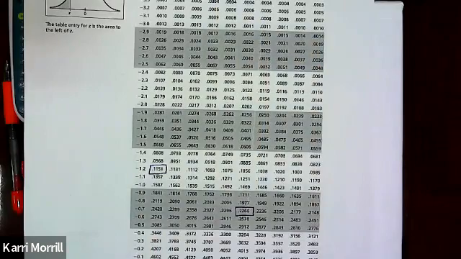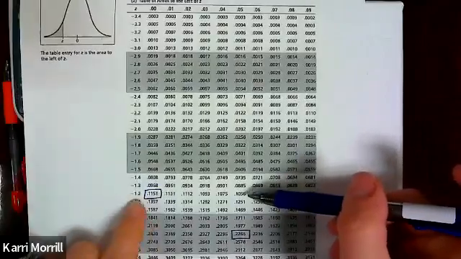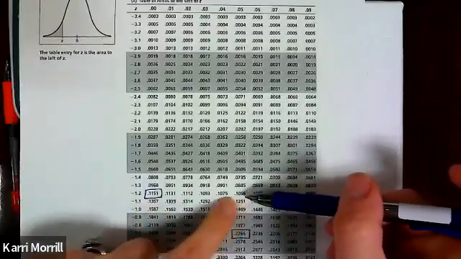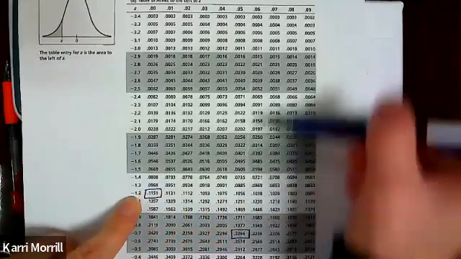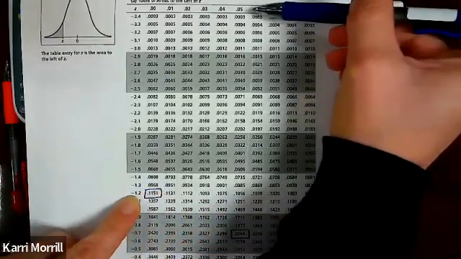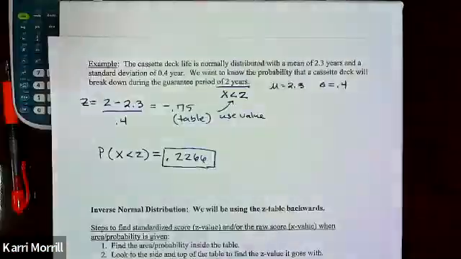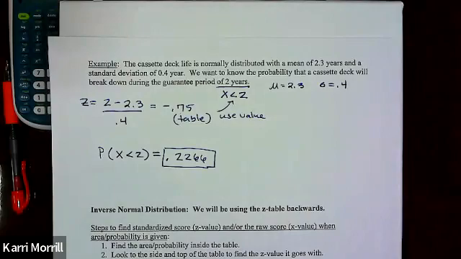Well, now we're going to be using this table backwards. Maybe we know the probability is 0.1056 of something, and we're going to have to find what z-score that correlates with. So it's just finding the number backwards and saying, well, that would be a negative 1.25. So you'll have to look at a lot of digits when you're doing this.